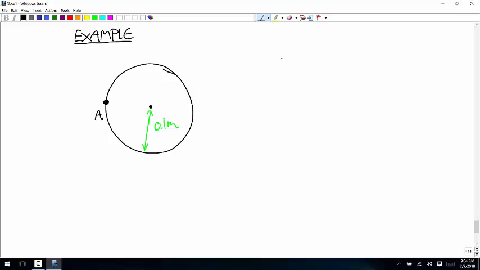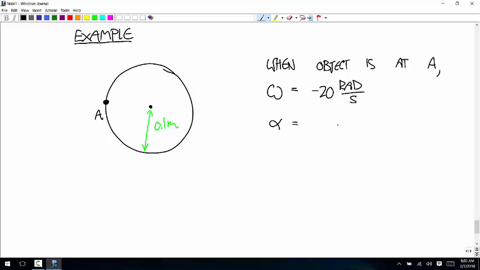We know at that instant, when the object is at point A, we're given that omega is negative 20 radians per second, and alpha is positive 10 radians per second squared. What are the velocity vector and the acceleration vector?